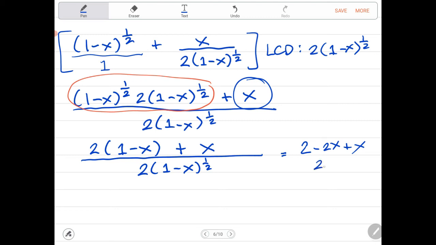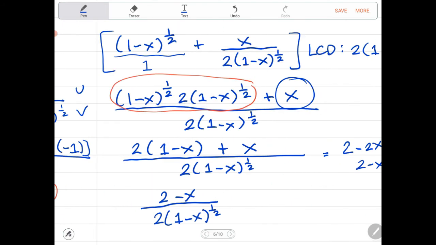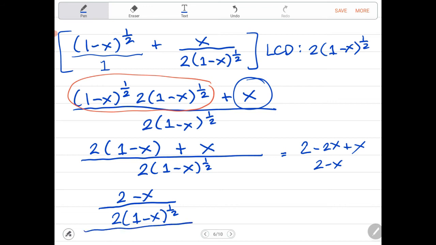Right? The numerator, 2 minus x. So we can rewrite it as 2 minus x all over the denominator, which is 2 times 1 minus x raised to 1 half. Remember, this is only the numerator, no? All over the denominator here, which is 1 minus x. All over 1 minus x.